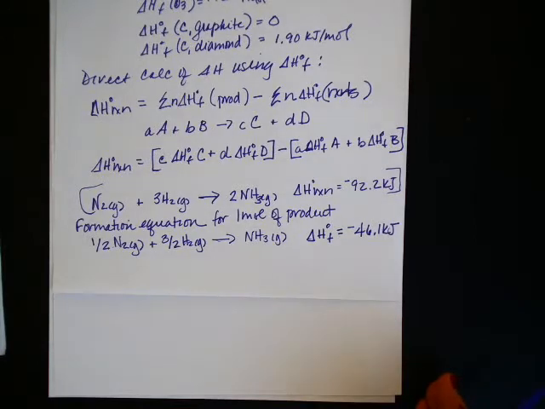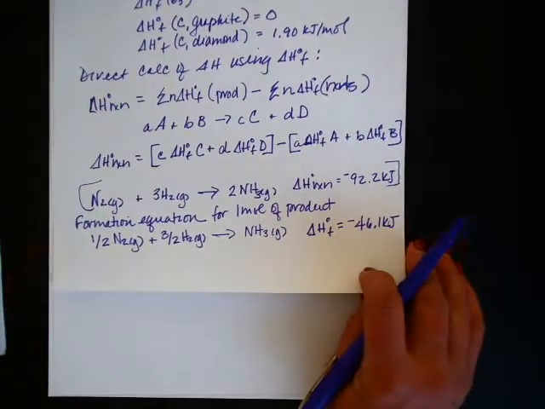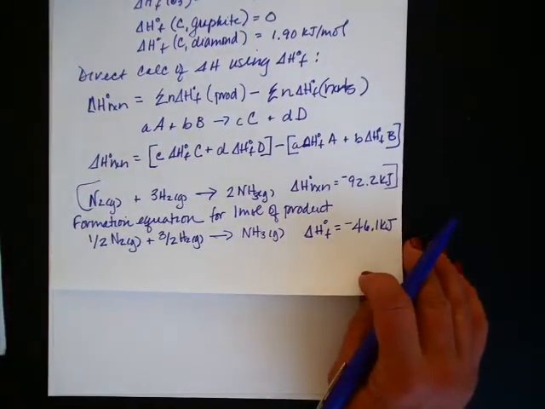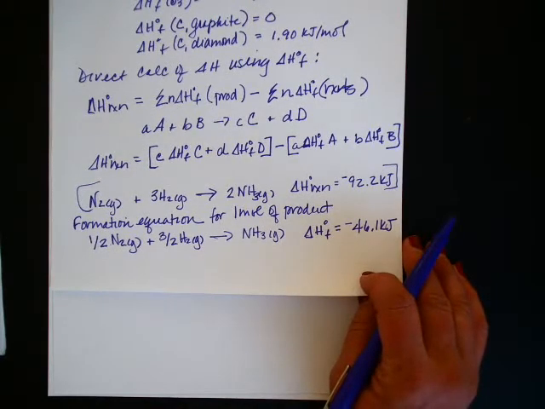And we talked about what types of properties are state functions: temperature, volume, pressure, enthalpy, delta H.